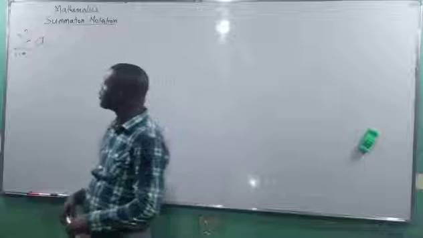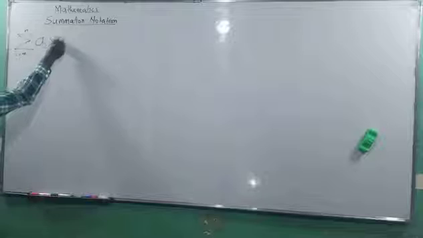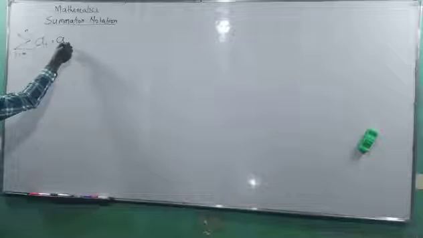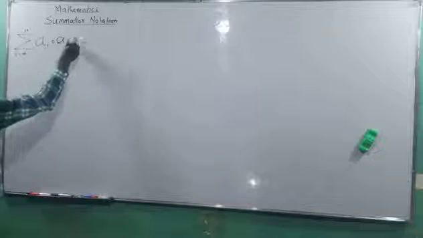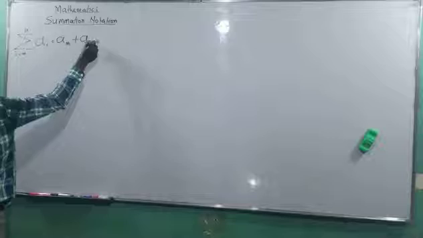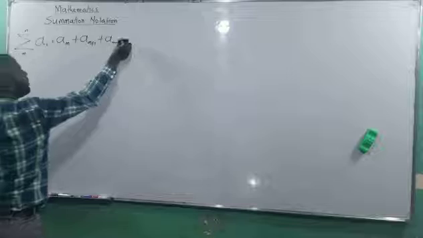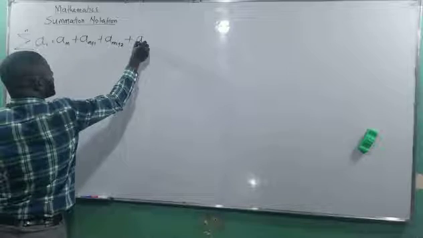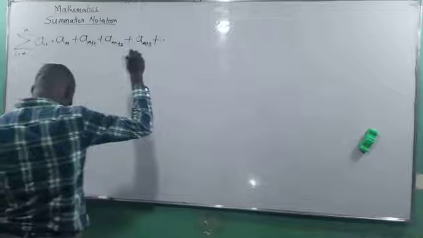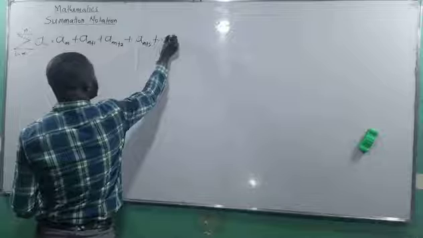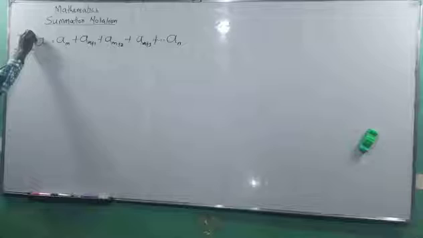To write it out, it will be a_m plus a_(m+1) plus a_(m+2) plus a_(m+3) plus and so on up to a_n. This is the upper bound and the lower bound.